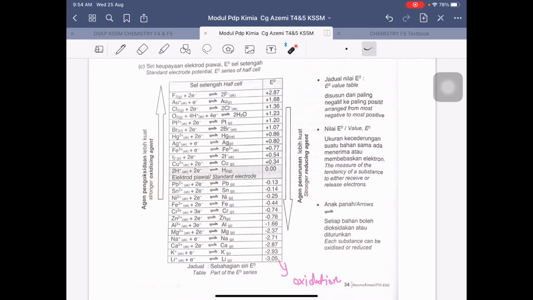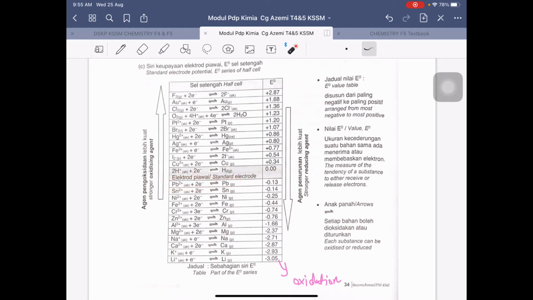Okay? Now, please take note that you saw the half equations here, semua macam reduction. Sebab reduction tu semua will accept electron, kan, semua accept electron. Tapi please remember that kalau oxidation macam ni lah, yang negatif ni, you will not write the half equation like this.